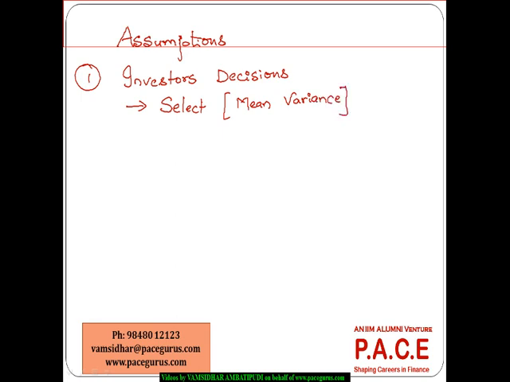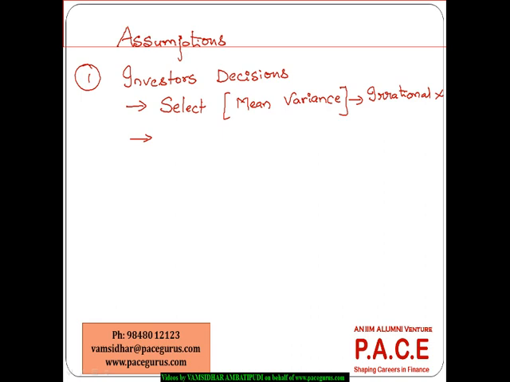Every investor knows the meaning of mean and variance, and he is making his selection decisions purely based on mean and variance, which also makes an assumption that there is no irrational investor. All the investors are rational enough to make their decisions based on the mean and the variance.